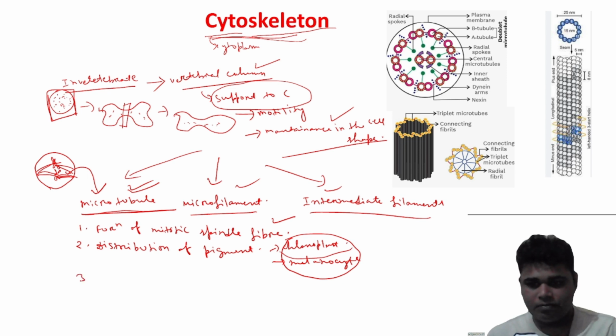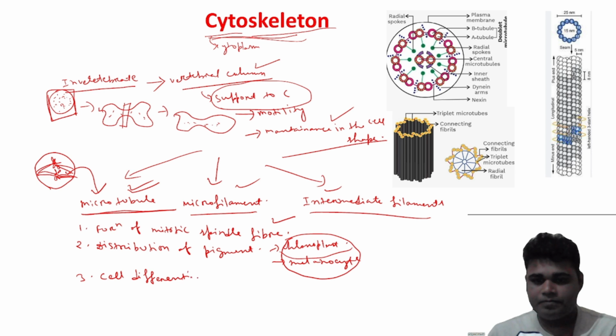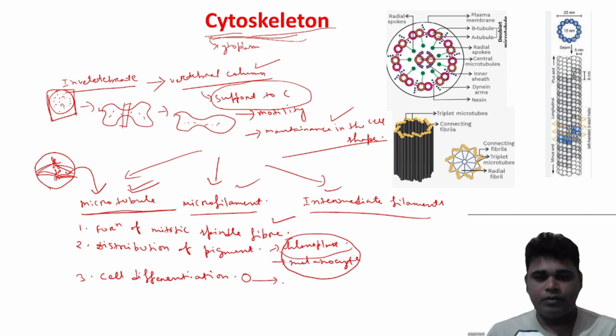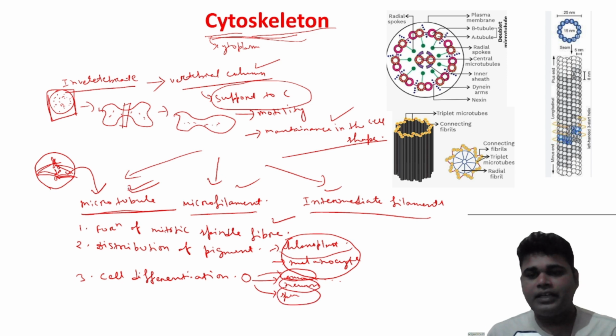The third function of the microtubule is cell differentiation. So what is cell differentiation? For example, let's suppose this is an immature cell. Now it is converted to, for example, a neuron cell, or a sperm cell, or it may be converted into an excretory cell or a phlegm cell. So different cell differentiations occur, and it is due to the microtubule.